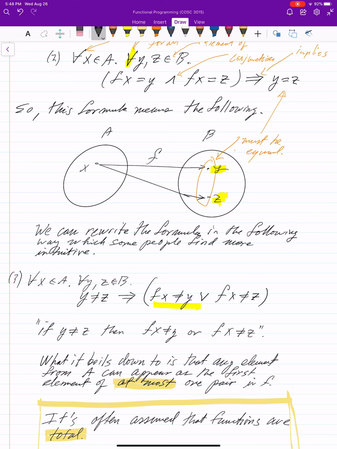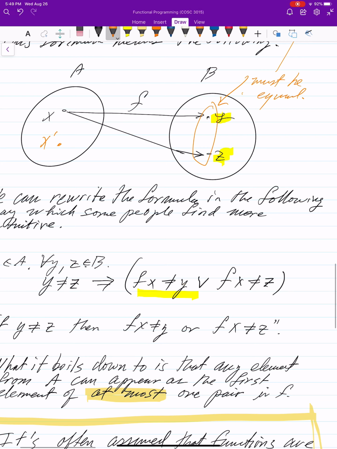So you might say, well, okay, but what happens if we're looking at a situation like this. Let's say we have an x prime, and x prime maps to w, let's say.